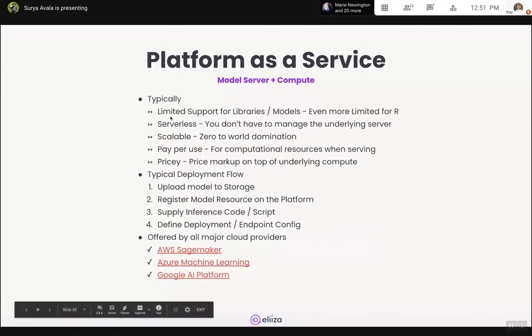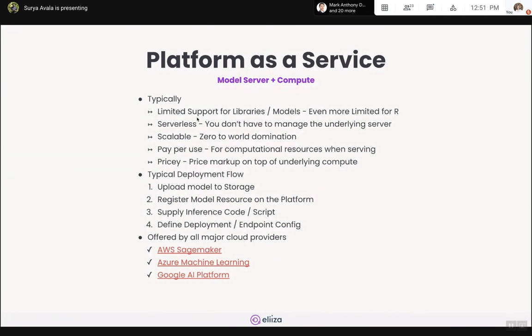Things vary slightly between these three, but they typically have limited support for libraries, models or runtimes, and that support gets even more limited when it comes to R language.